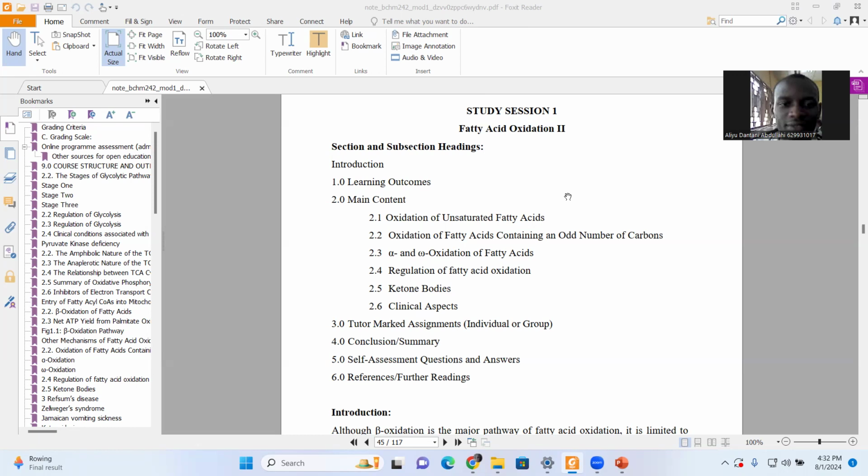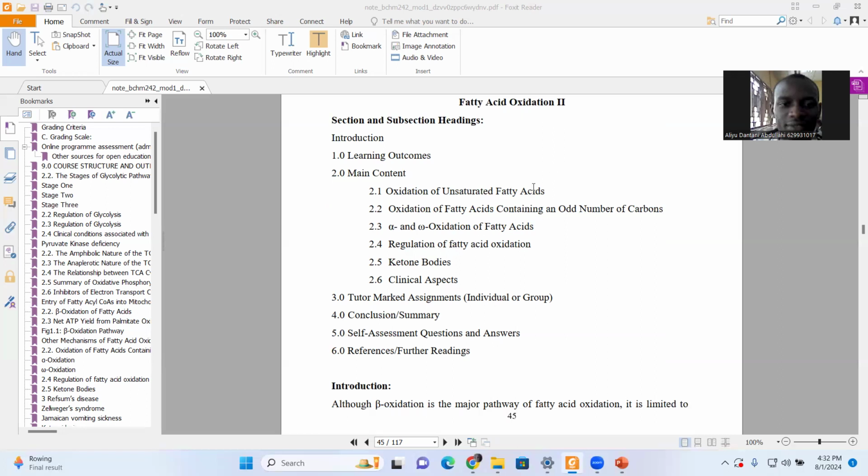Basically, I think we more or less talked about the oxidation of palmitate, which is a 16 carbon fatty acid. 16 is an even number, right? Now, what if you are dealing with oxidation of an odd numbered fatty acid, maybe 13 or 15 carbon chain fatty acid, for example? How do you deal with that, right? So we're going to cover that here.